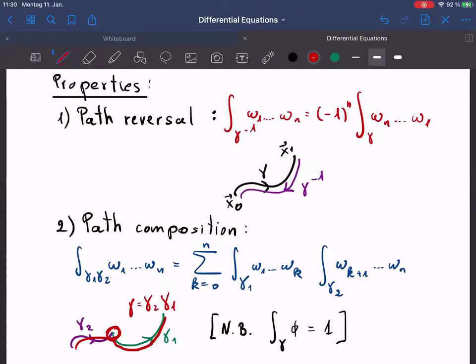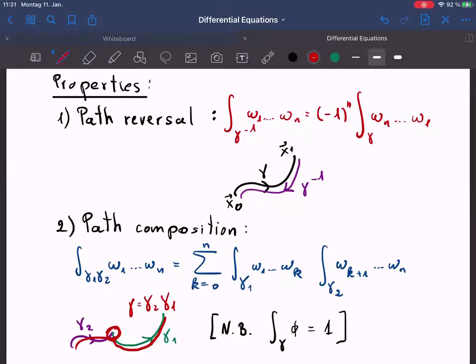If I have such a composed path, I can decompose my iterated integral into a sum of iterated integrals on each of the two paths separately, according to this formula. So I have to sum over all possible ways to distribute the differential forms on the two paths, and then I multiply them together and add them up.